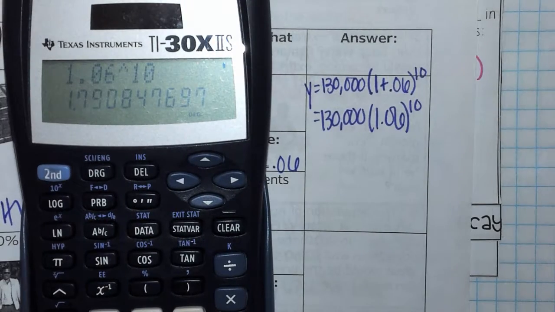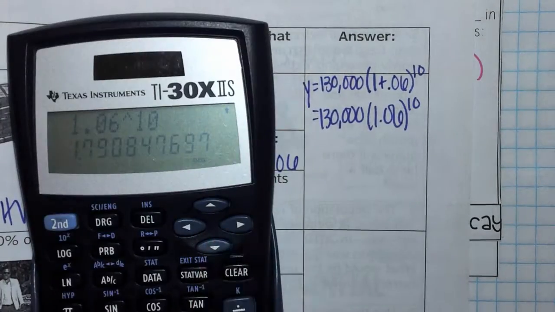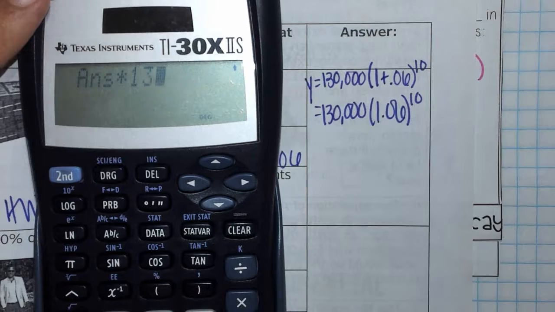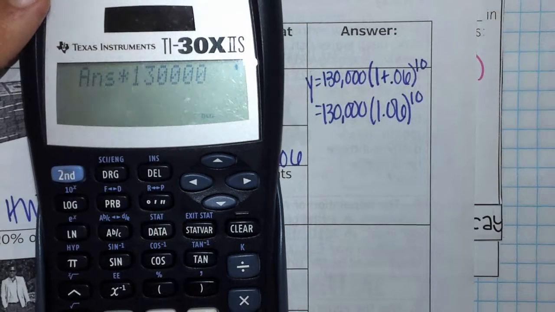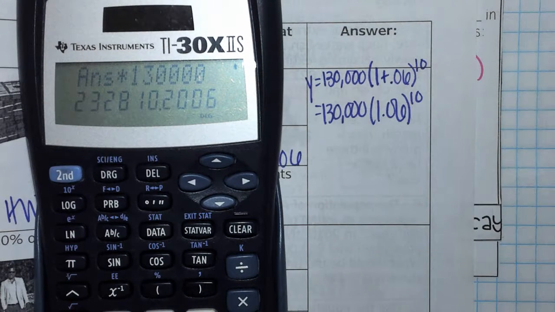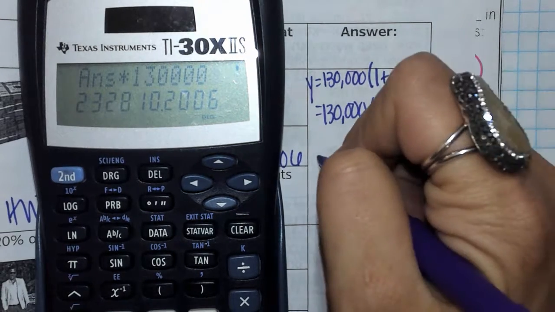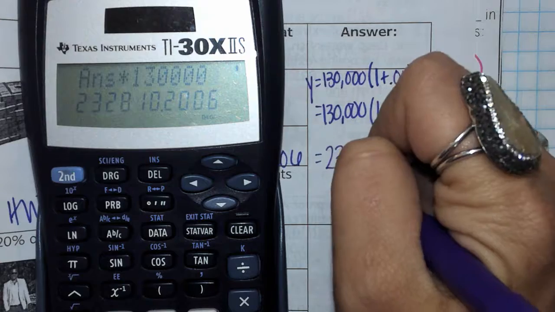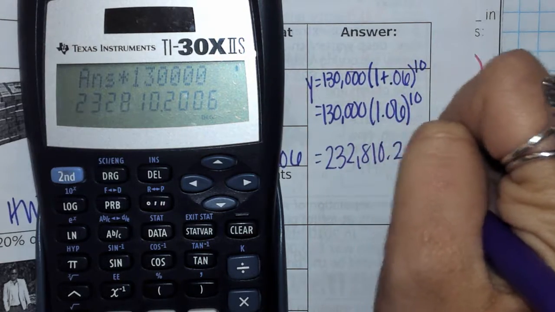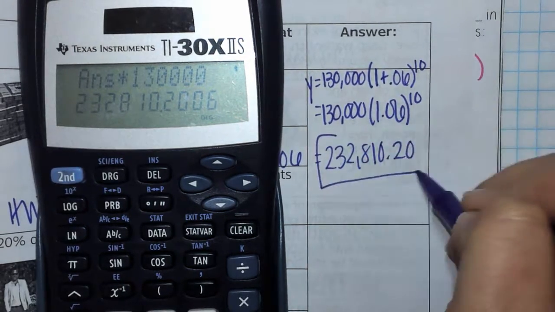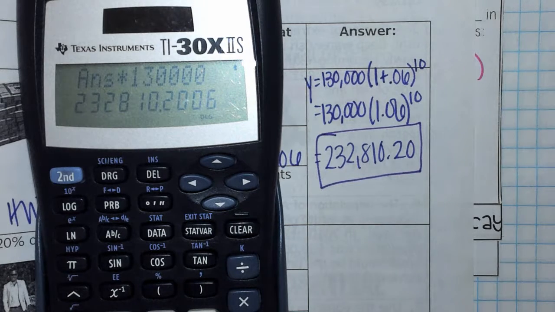The 10th power. And then what are you going to multiply that decimal by? 130,000. And that gives you $232,810.20. That's how much your house has increased in value.